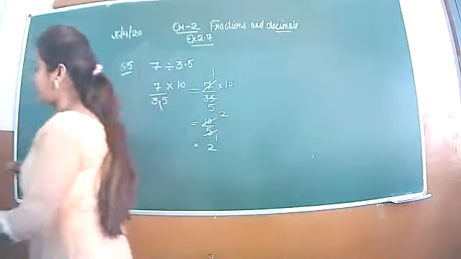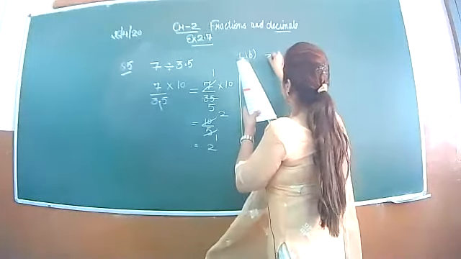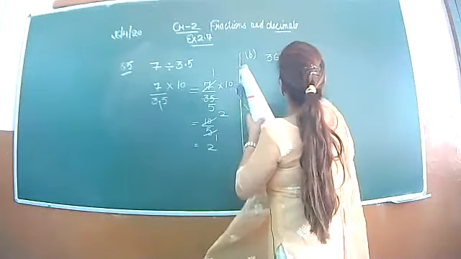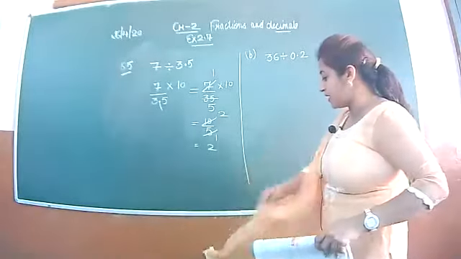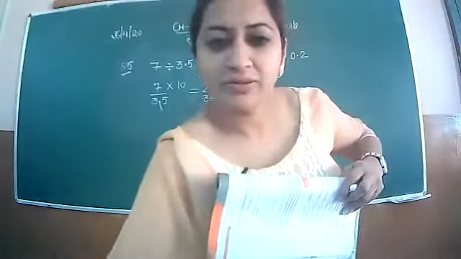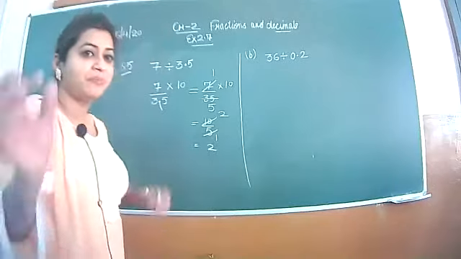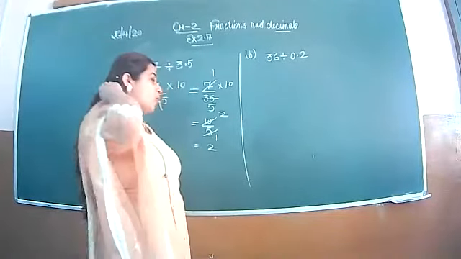Now the next part is the second part, that is 36 divided by 0.2.